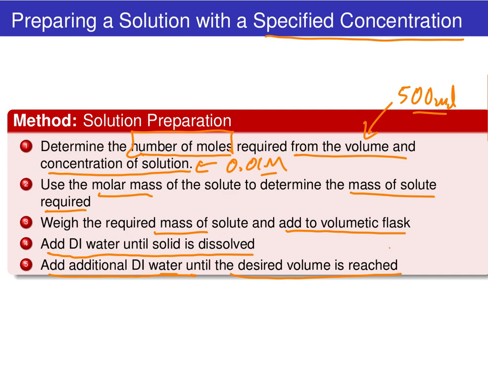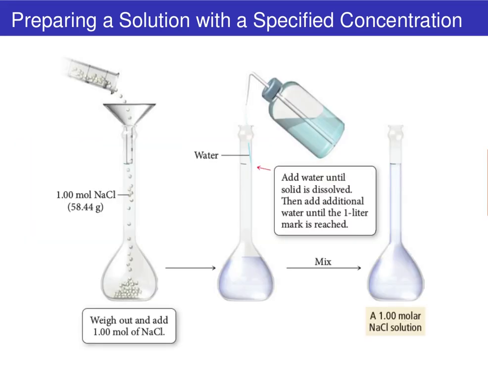Once that solid is fully dissolved, then you will add the rest of the DI water until that desired volume is reached. Okay, so to illustrate this, let's say for example, we wanted to come up with a 1 liter volume of a 1 molar sodium chloride solution.